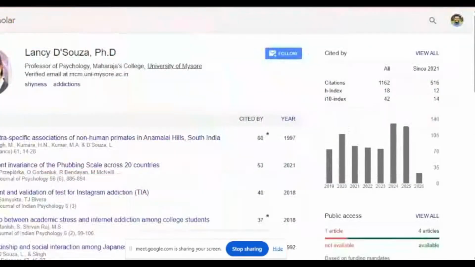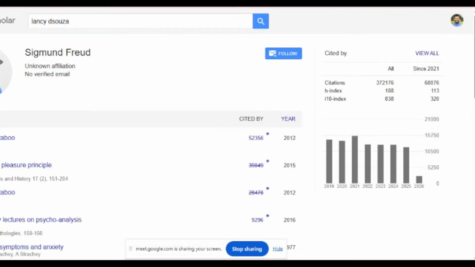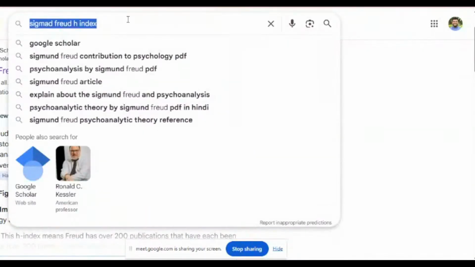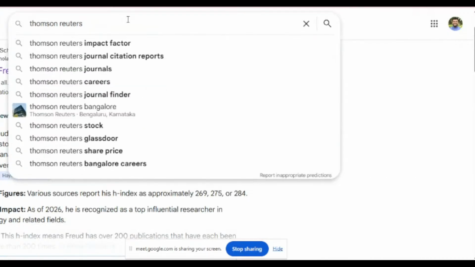Now its name has changed. You go to Google. Okay, Thomson Reuters impact factor.